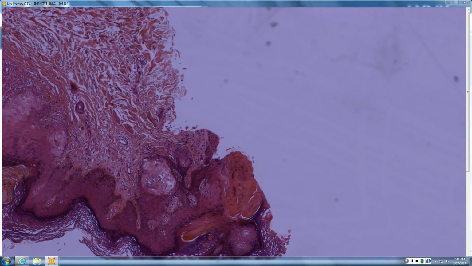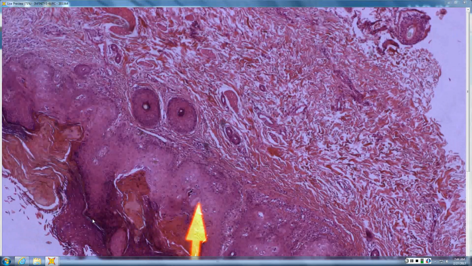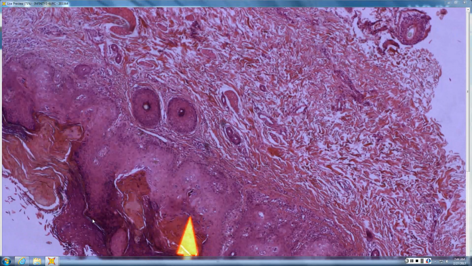Verrucous changes in a herpetic infection is almost always zoster, almost 100% zoster virus, and it's severe immunosuppression, 99% of the time HIV, occasionally a patient on cancer chemotherapy or some other form of immunosuppression. The lesions show glassy verrucous atypia, so they may be misdiagnosed as squamous cell carcinoma.